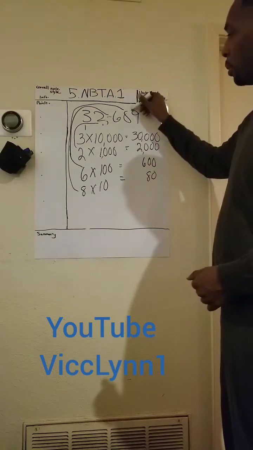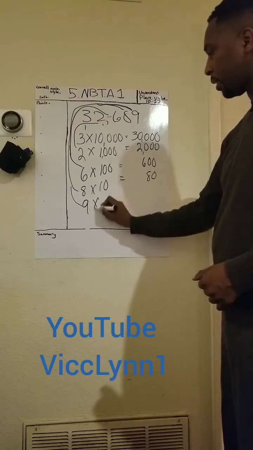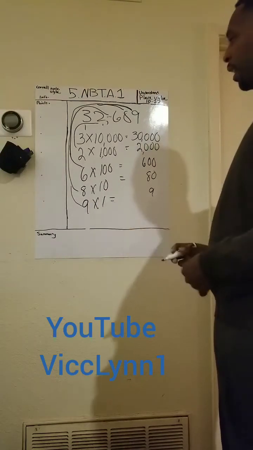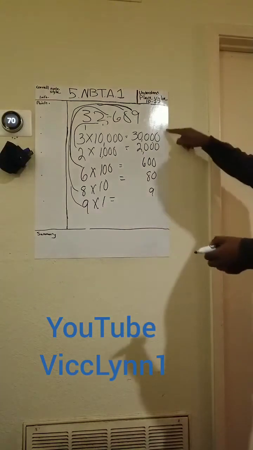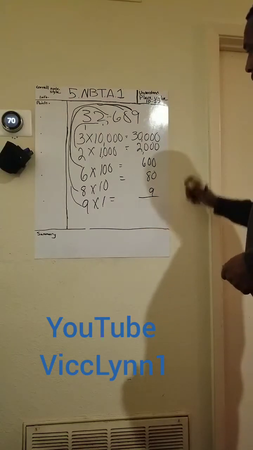And 9 is in the ones place. Okay, so it'll be 9 times 1 equals 9. Okay, so to make sure I did this right, basically you can add up all these numbers in order to get this number. All right?